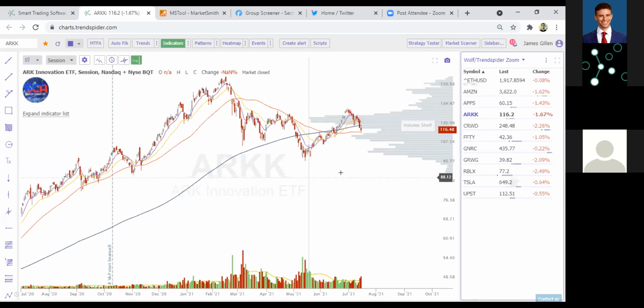So, just to give a basic breakdown of my trading process, I use MarketSmith as a screen to look for strong stocks fundamentally. I take those stocks, I put them on watch lists on TrendSpider to monitor them. And then I'm looking for basically the same thing over and over.